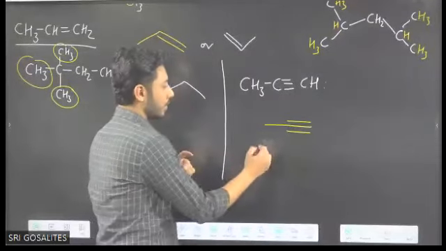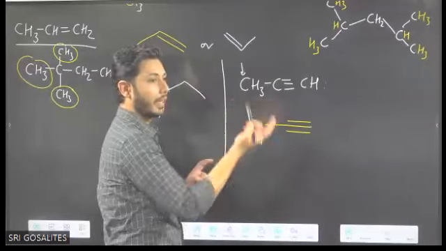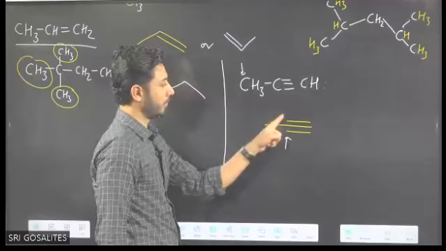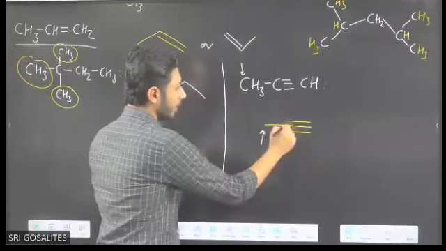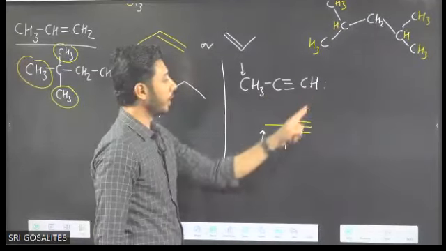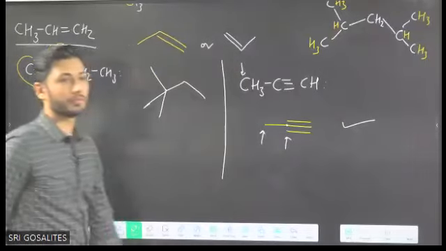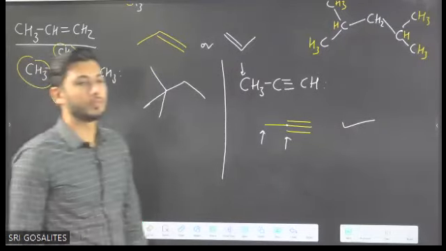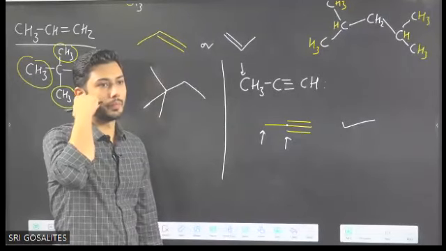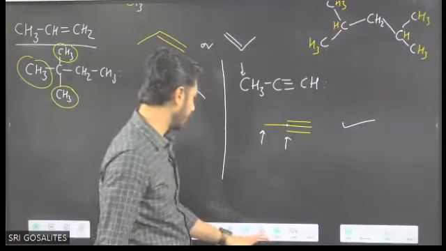This is the starting point, one carbon. Next, this is the second carbon, where 3 bonds are mentioned. Here the triple bond started, then another ending carbon, and that is the correct representation. Tell me, did you understand till here?